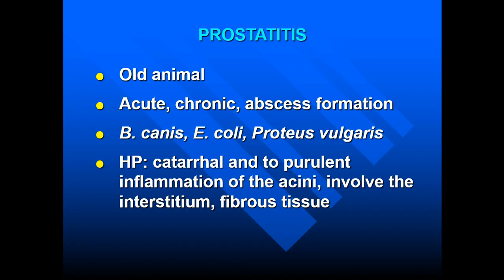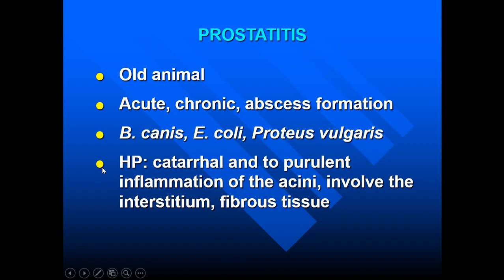For example, inflammation in the urethra or urinary bladder can spread into the surrounding tissue, including the prostate. If it occurs first in the urinary tract, the cause can be different, usually E. coli or Proteus. But if the prostatitis is related with inflammation in the reproductive tract, for example in the testes or epididymis, it is usually caused by Brucella canis.